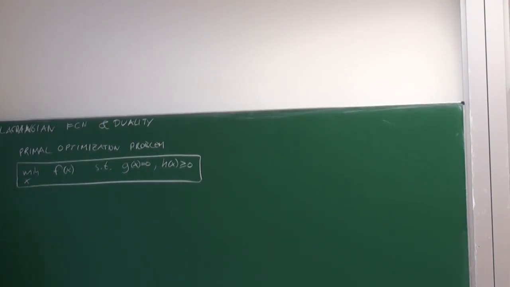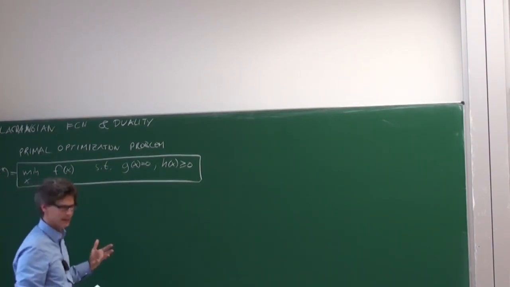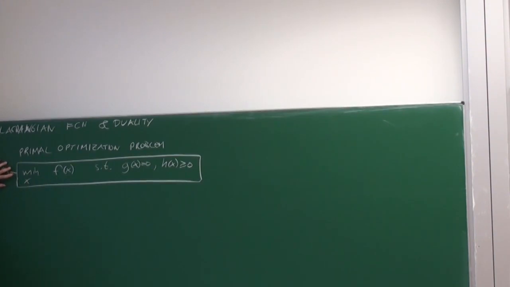We will also define the optimal value of this optimization problem. That means the minimal function value. We call it P star. So it is f of x star. I should say that this notation f of x star implies already that x star is unique, which sometimes it isn't, but the function value itself definitely is unique.